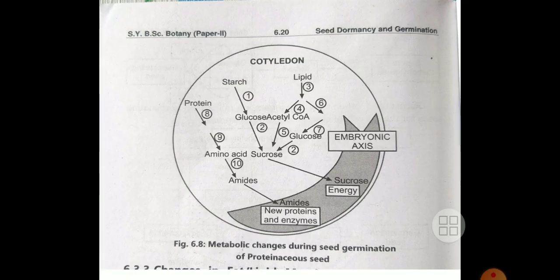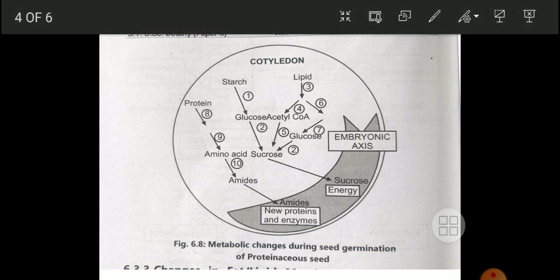Now here we will see the metabolic changes during seed germination of a proteinaceous seed, a protein-containing seed. What changes are going to take place? All the reserve food material is supplied to the embryonic axis. This is the embryonic axis.